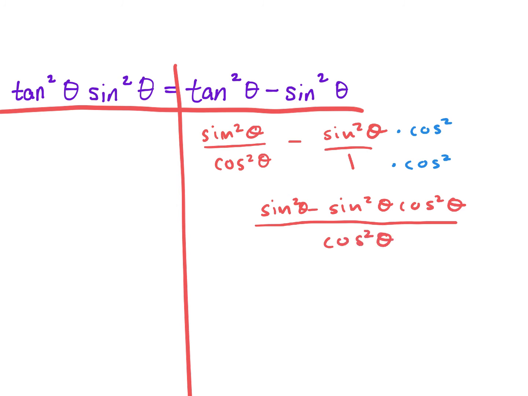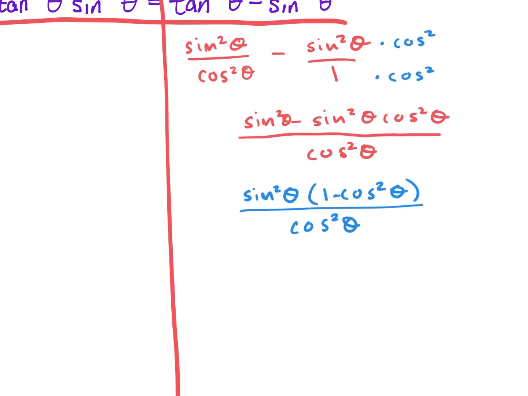And now you pull out a GCF of sine squared theta. Awesome, I can take out a GCF on the top, so I'm going to take out a sine squared. And then what am I left with when I take out sine squared? 1 minus cosine squared over cosine squared. So then I use an identity for 1 minus cosine squared theta, and change it to sine squared theta.